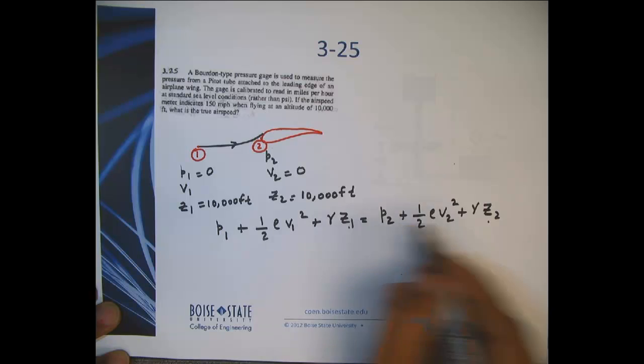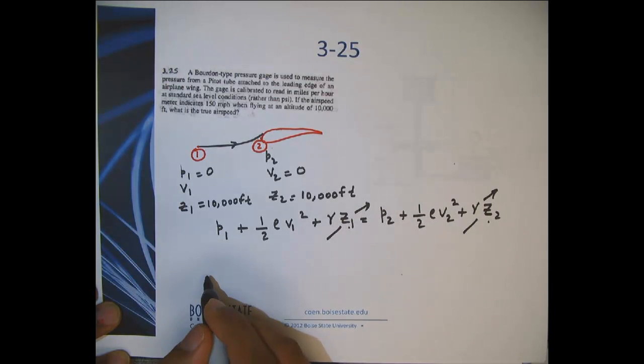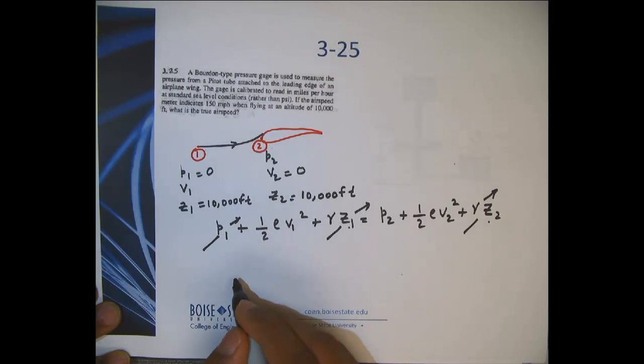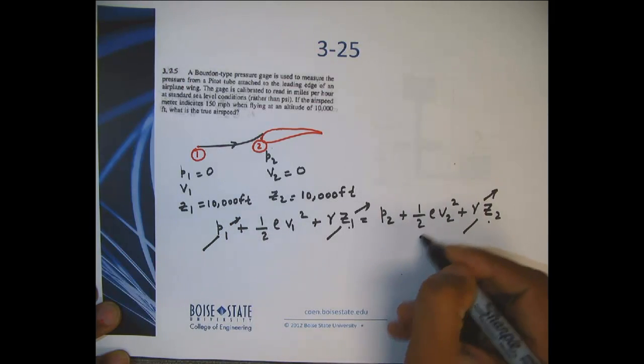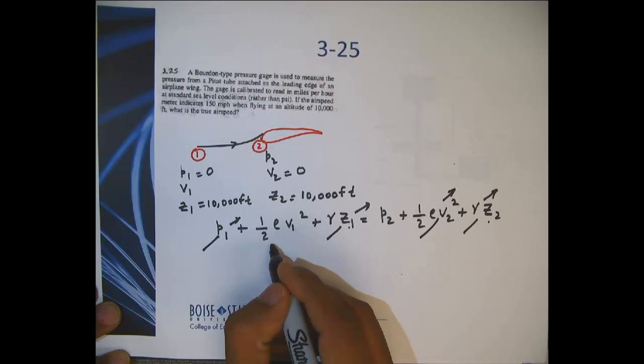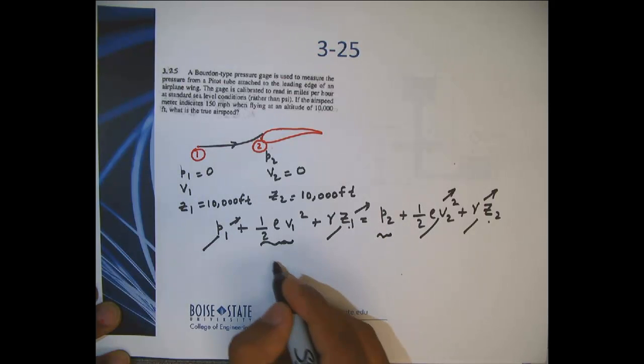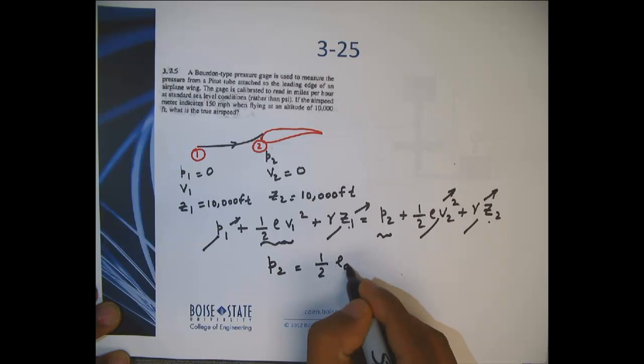Again, the difference between these will be 0, so I'm going to ignore that. P1 is 0, and I know that V2 will be 0. So I don't know V1 and I don't know P2, but I can come up with a relation between these two.